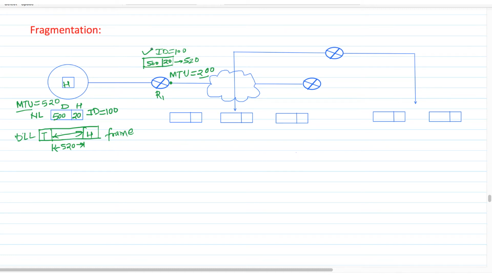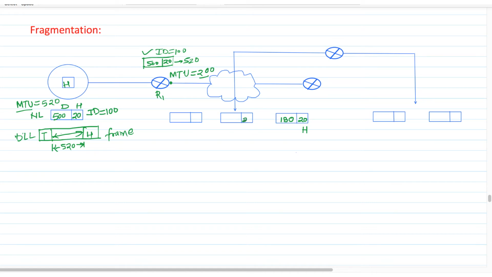Suppose we want to fragment this datagram. This is the header part, and out of these 200 bytes, 20 bytes are allotted for the header. How much data can we store here? It is 180. So out of 500, 180 bytes of data are taken by this first fragment.